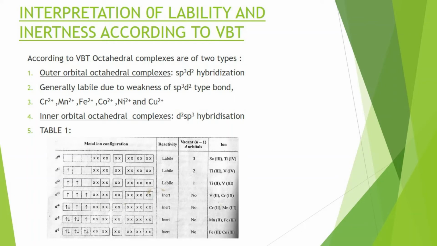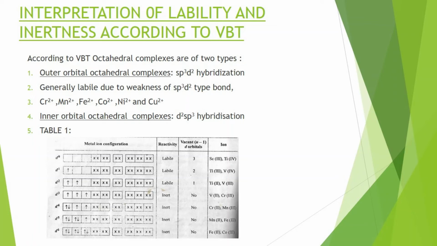Metal ions with d0, d1 and d2 configurations have 3, 2 and 1 vacant orbitals respectively to accommodate electrons from the incoming ligands to form a 7 coordinated intermediate.